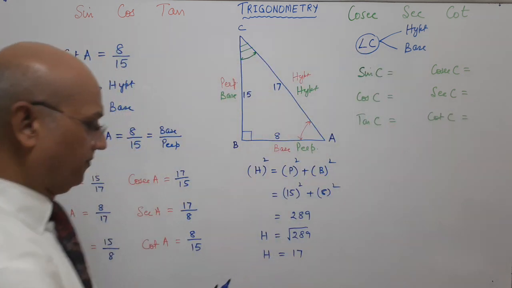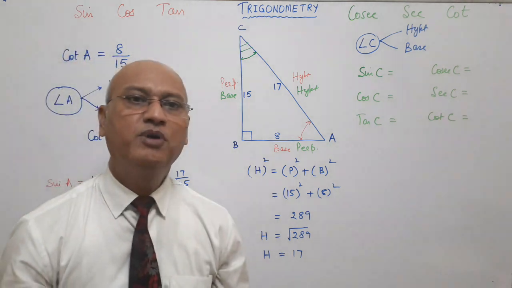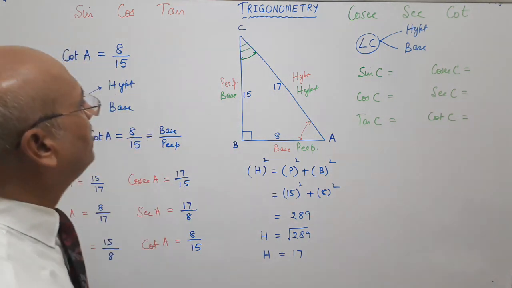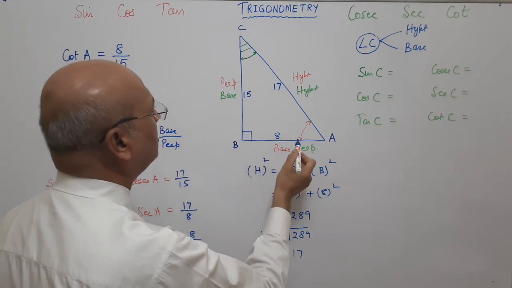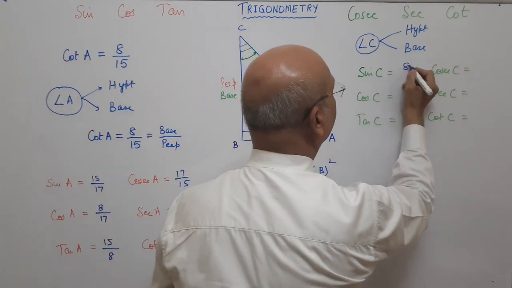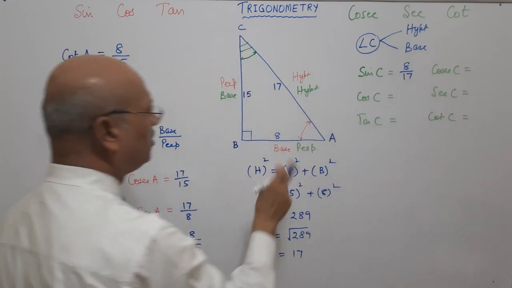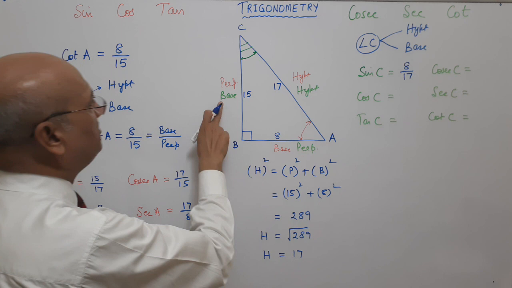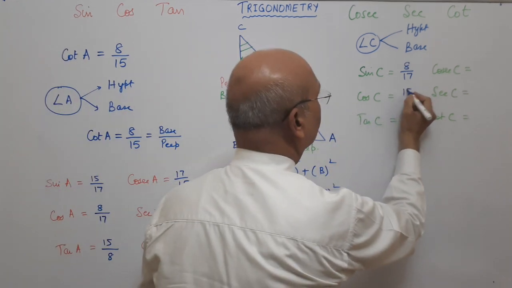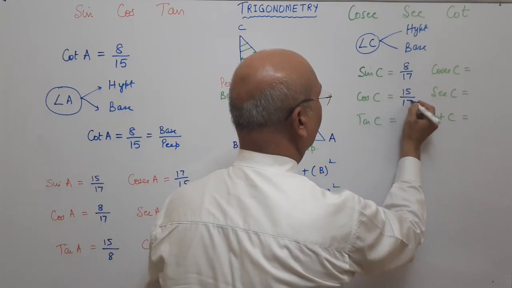Okay, now sine as usual, some people have perpendicular upon hypotenuse. Now see the green perpendicular. Green perpendicular is this 8, perpendicular upon hypotenuse, 8 by 17. Cos C is curly brown hair, base upon hypotenuse. Green base is 15, hypotenuse is 17.